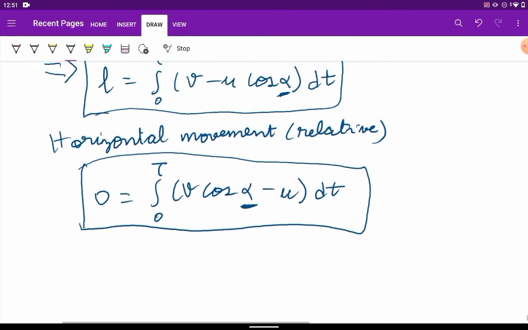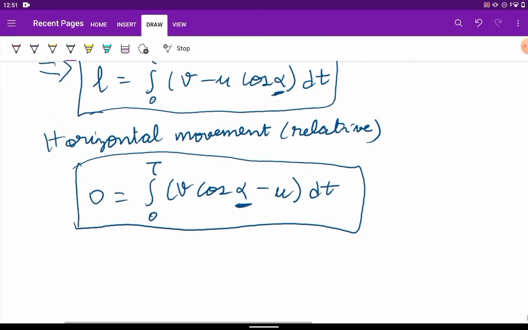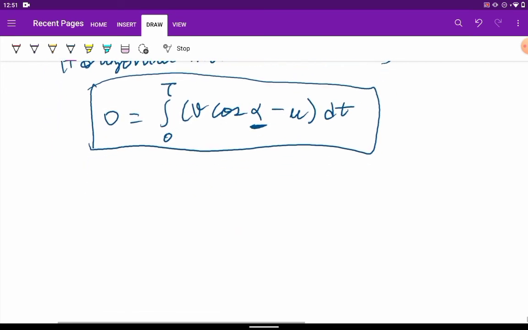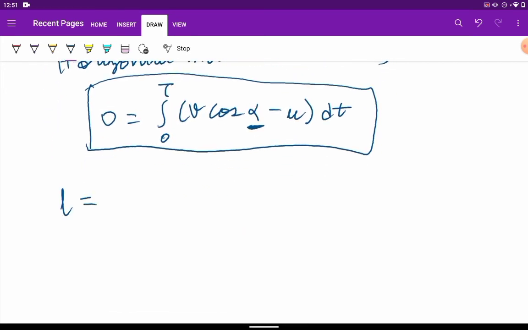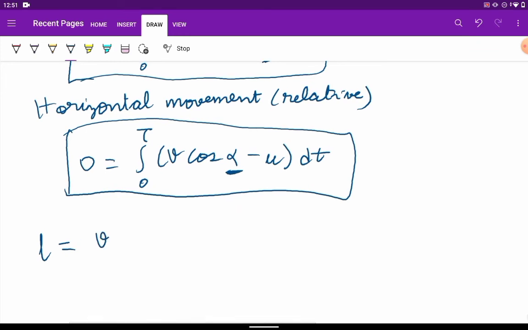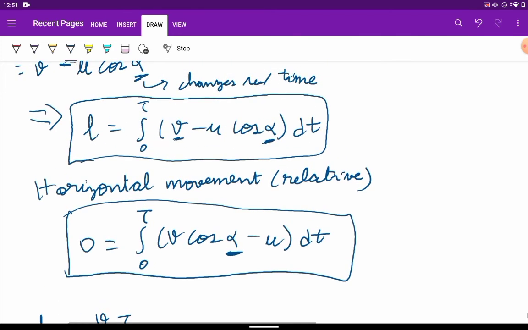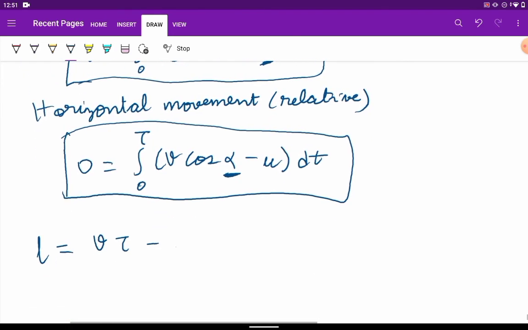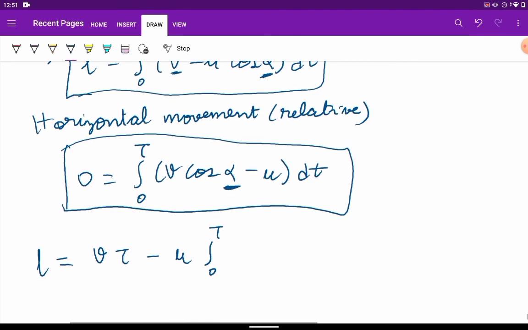So let's expand the first equation. L equals v tau minus u times the integral from 0 to tau of cos alpha dt.